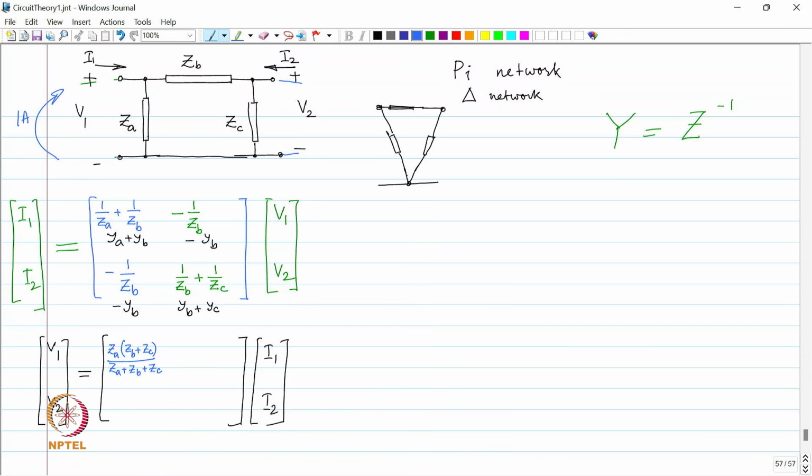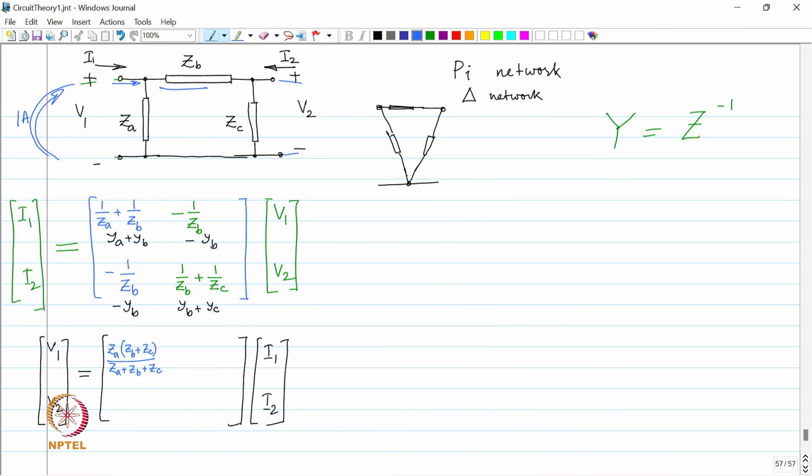Is it okay? All right. Now, I want to measure V2. How do I do it? The 1 ampere goes and hits this node over here, and now it is going to divide up. On one side it sees ZA, on the other side it sees ZB plus ZC.